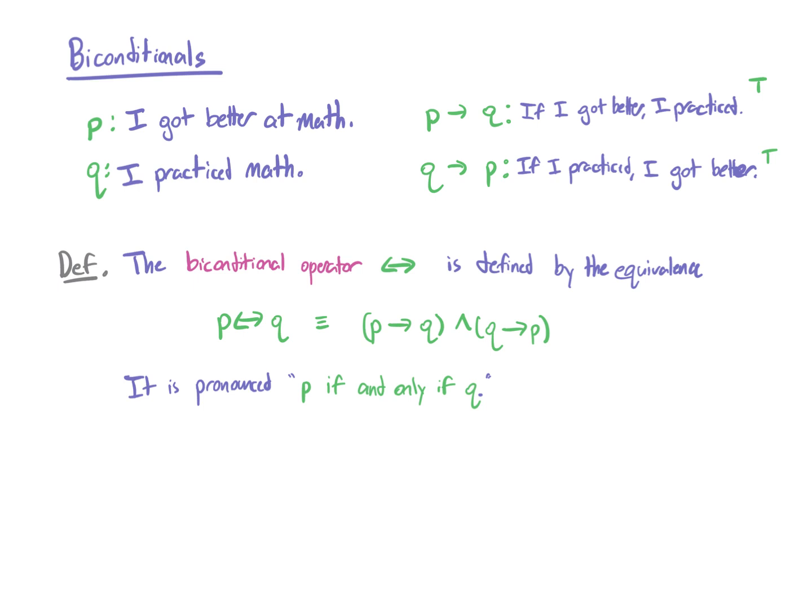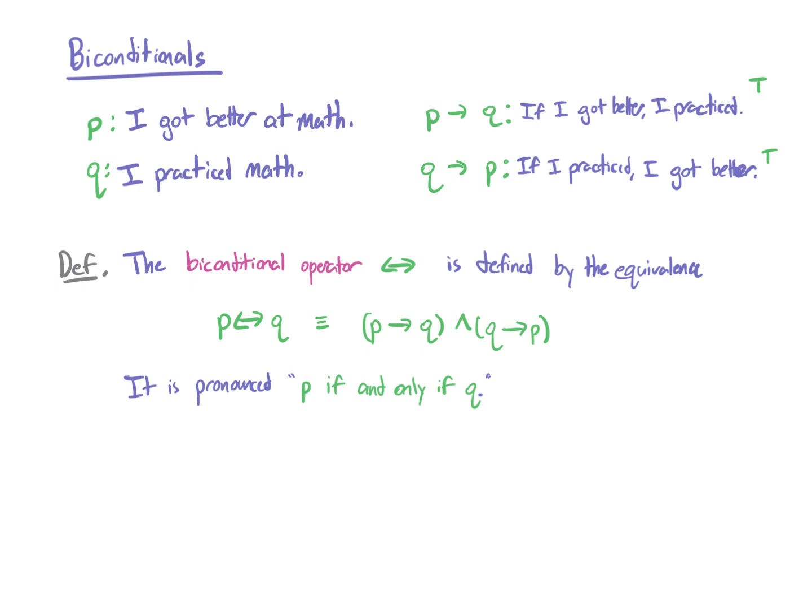The biconditional operator, which is written as one arrow pointing in both directions, left and right, is defined by a logical equivalence where we say, okay, P is biconditional to Q, also pronounced P if and only if Q. So the only if part is new, P if and only if Q. It's defined by this logical equivalence.